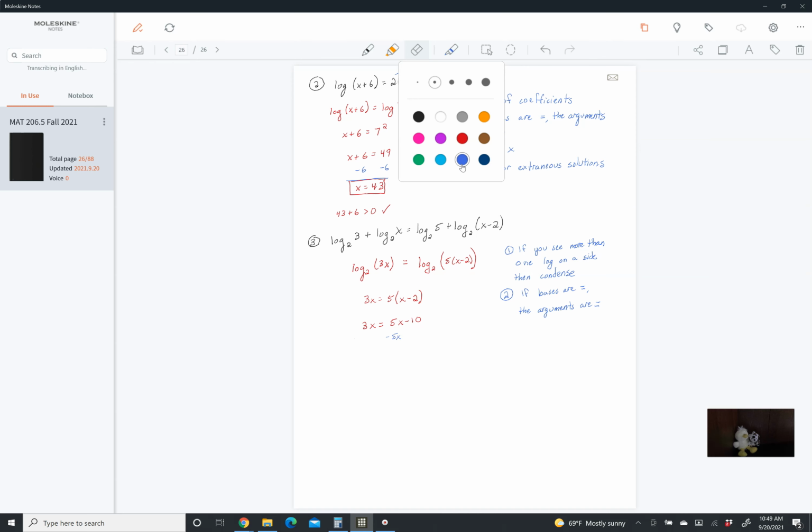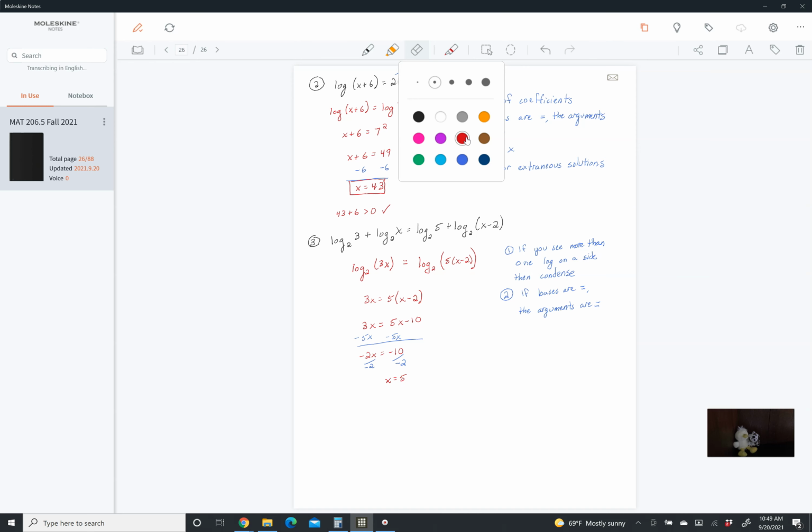This is just solving a regular linear equation. And we get negative 2x equals negative 10. Divide both sides by negative 2. And we get that x is equal to 5.